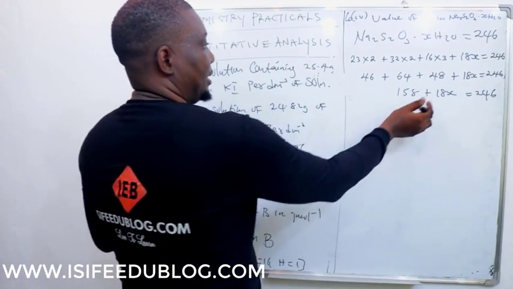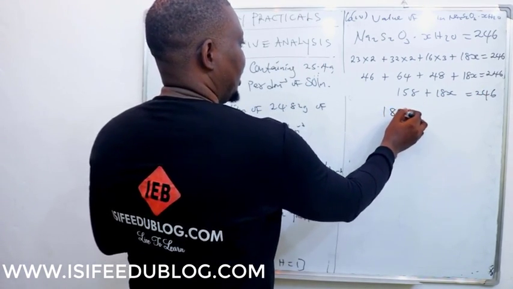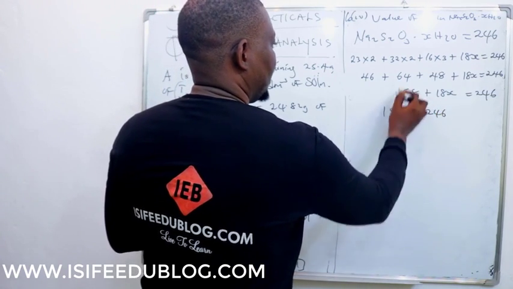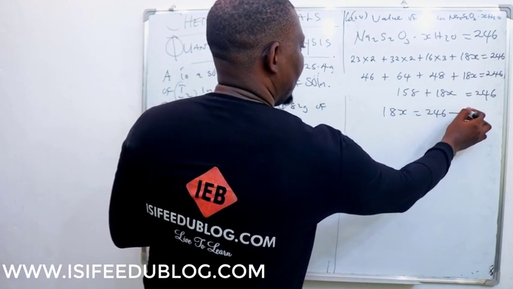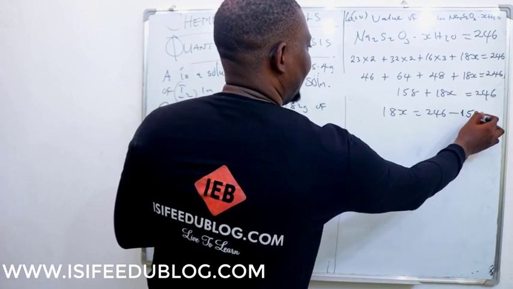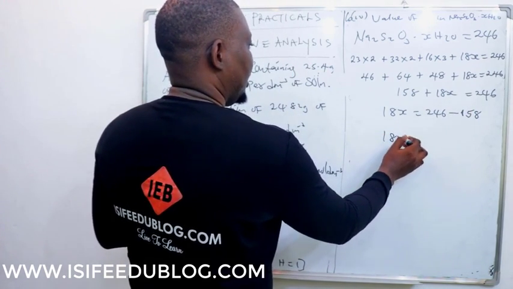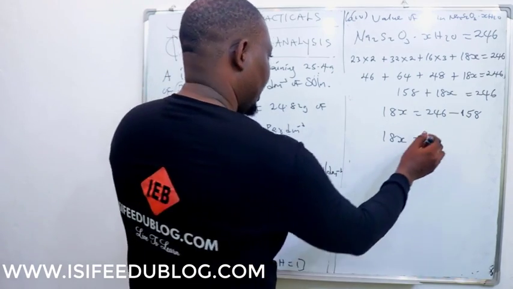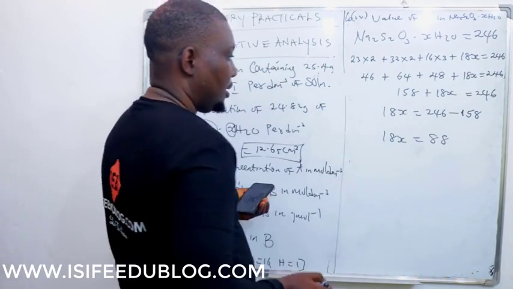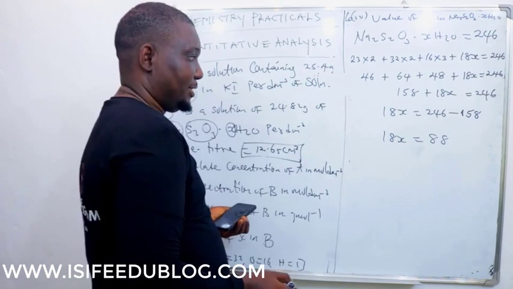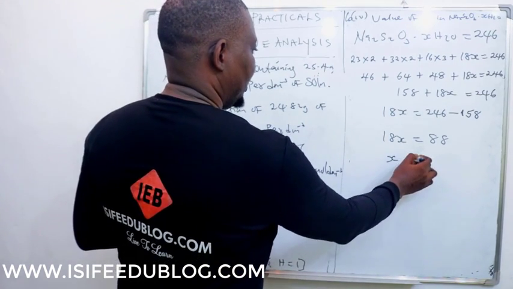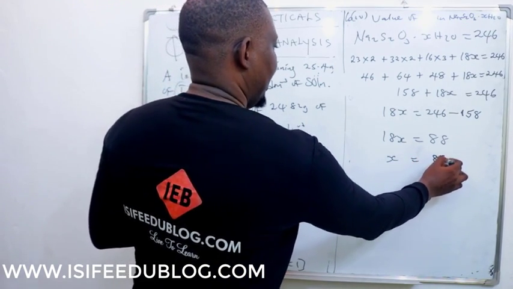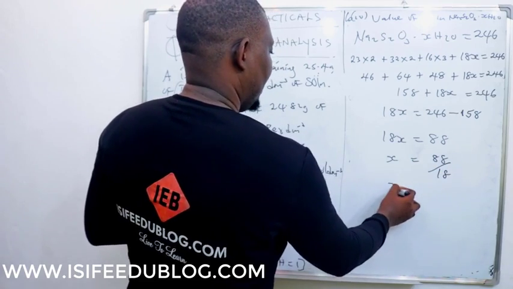Okay, let's make x the subject of the formula. 18x is equal to 246, this 158 going over here becomes minus 158. 18x is 88. So we divide both sides by 18, so x alone is 88 over 18.